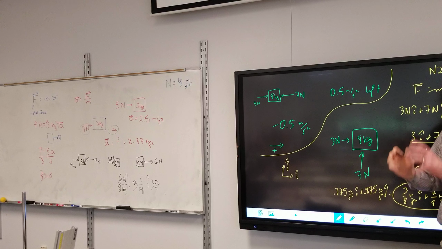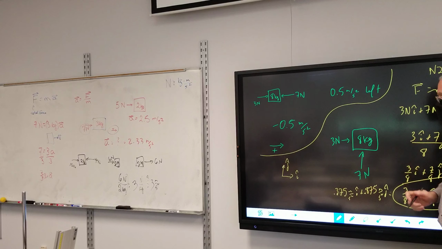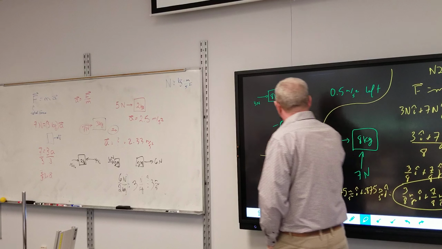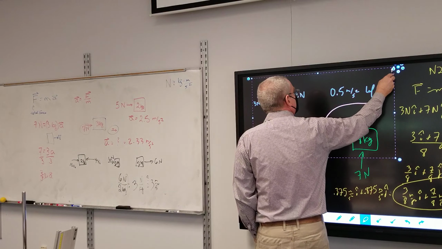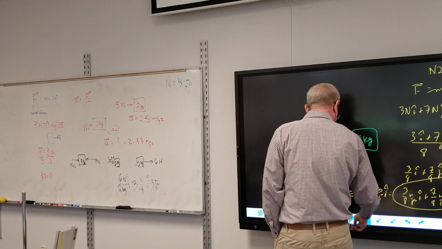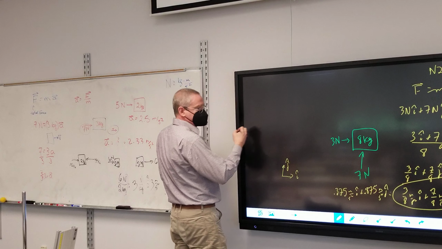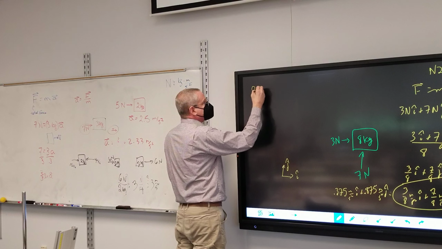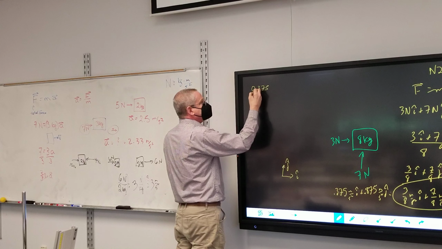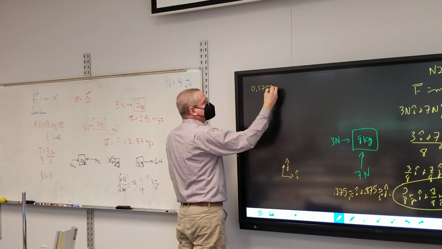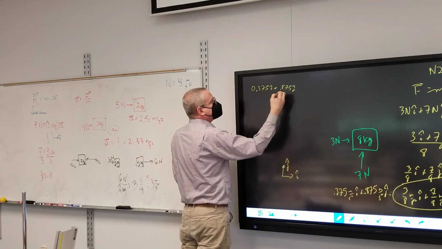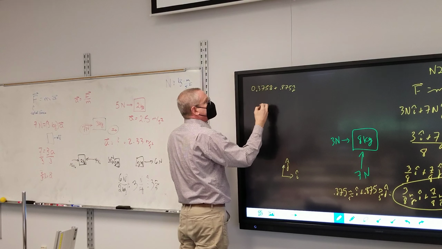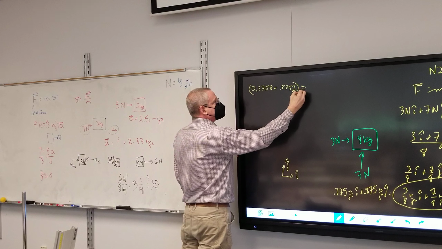If you want to write units just once, then you would write 0.375 I hat plus 0.875 J hat, and then meters per second squared.